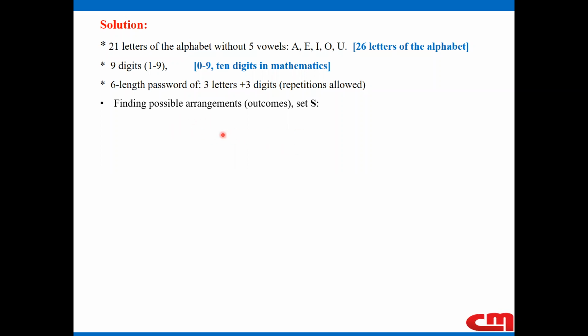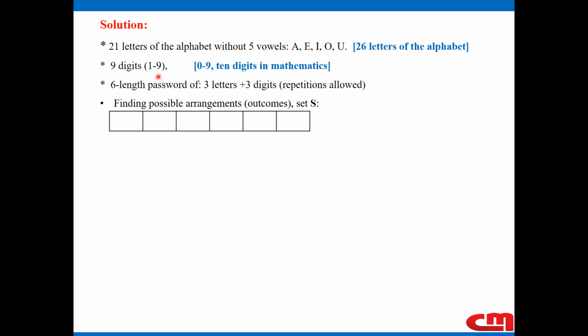Therefore, let us first find the possible arrangements, which we shall refer to as our possible outcomes, and we call that set S. That is, how many passwords can we come up with when we are making combinations of 3 letters and 3 digits. Since we have 6 slots to fill, these are the 6 positions that we have for the letters and digits. So I'm going to consider my first 3 consecutive positions to represent the letters.